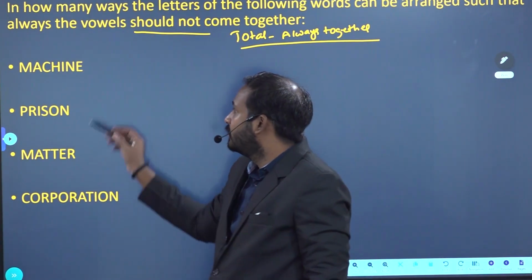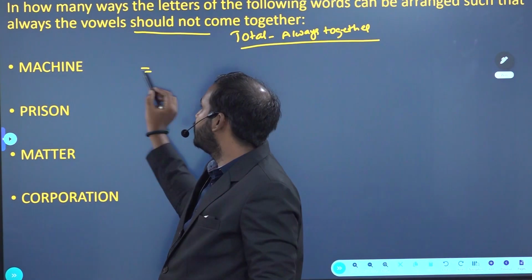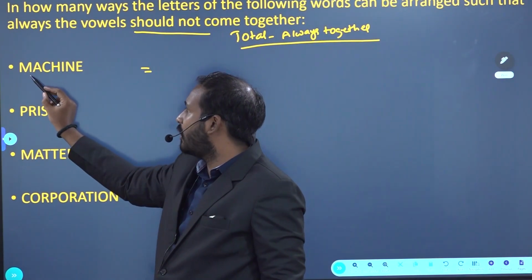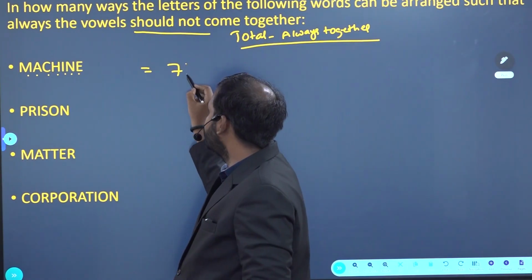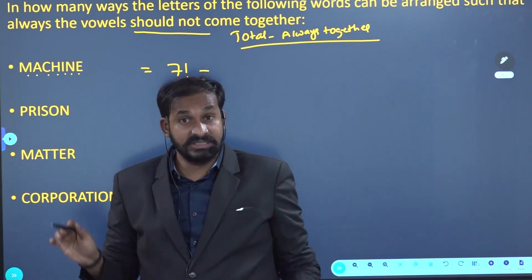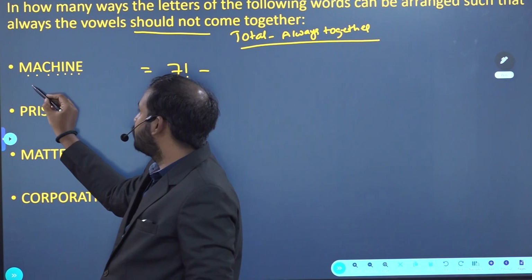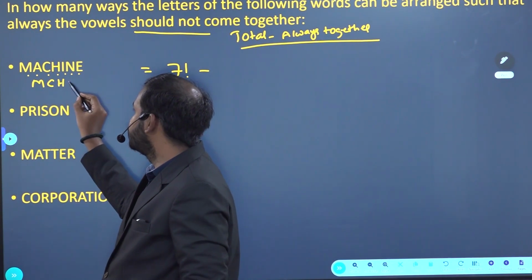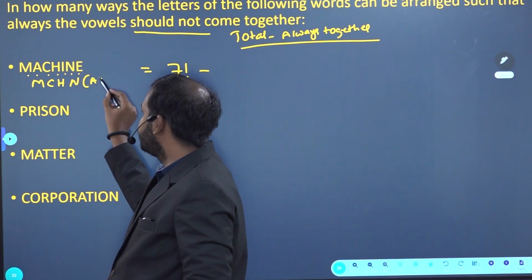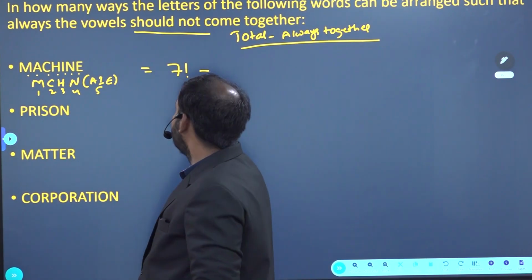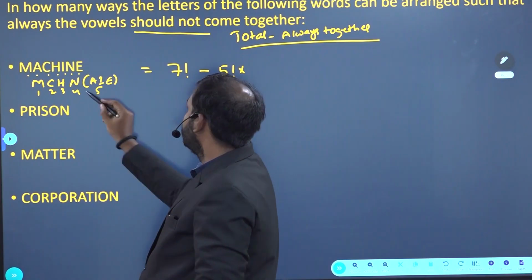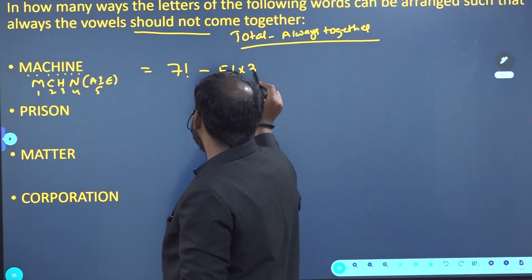Now first of all, what is the total number of ways for me here? MACHINE, all are different. 1, 2, 3, 4, 5, 6, 7. So 7 factorial minus vowels should come together. Always come together means what I will do? M, C, H, N, AIE. 1, 2, 3, 4, 5. 5 factorial into this AIE can be arranged in 3 factorial.